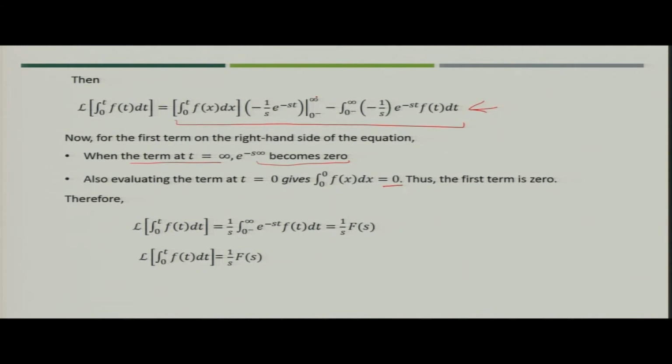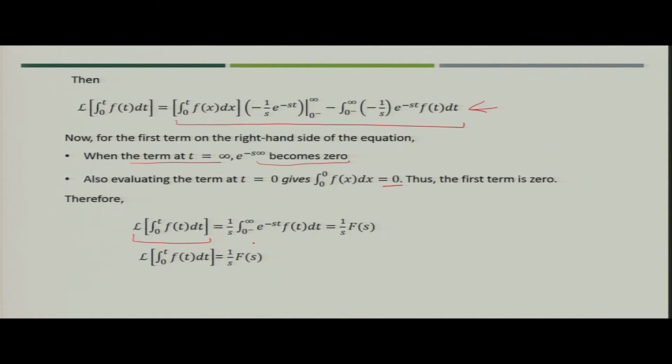So, it means that this particular term, that is the first term of the expression, is 0 at both of the limits. So, we can ignore this particular term.